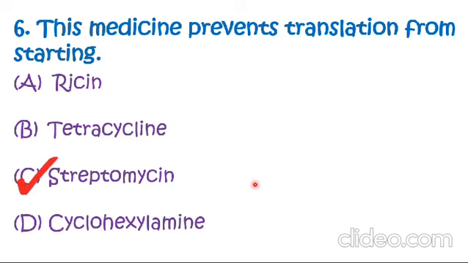What does streptomycin do? Streptomycin binds to the ribosomal subunit in bacteria, and it interferes with the binding of the ribosome. So it prevents the formation of the initiation complex. So the correct answer over here is option C, streptomycin. Remember, this question is really important for your exam, students.